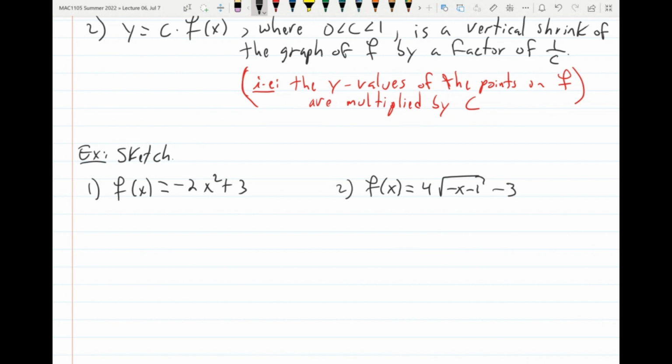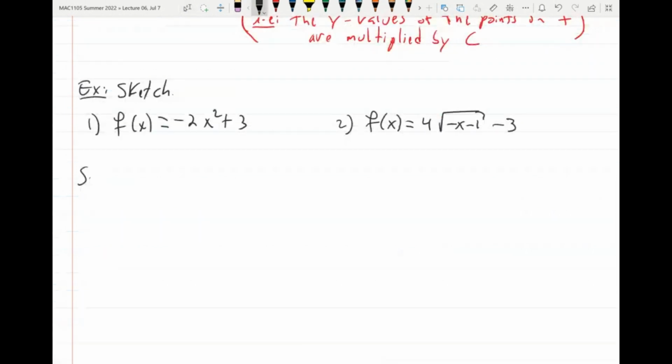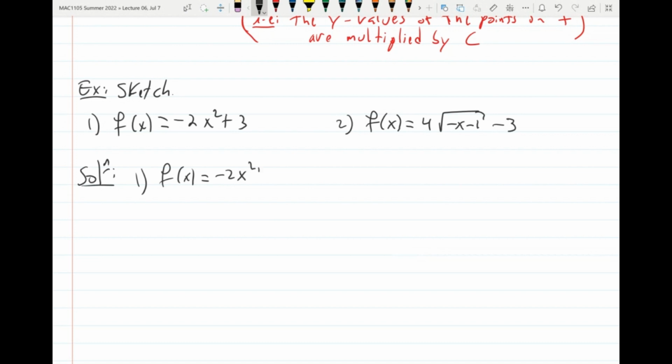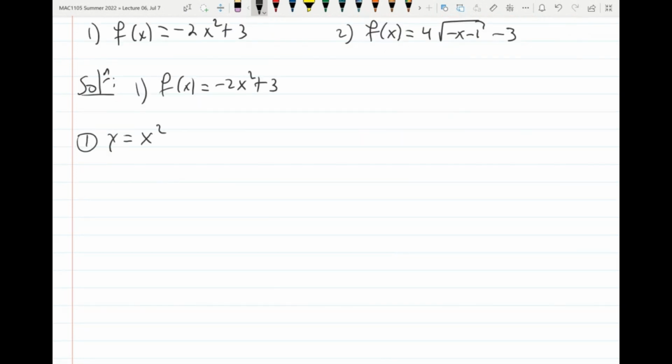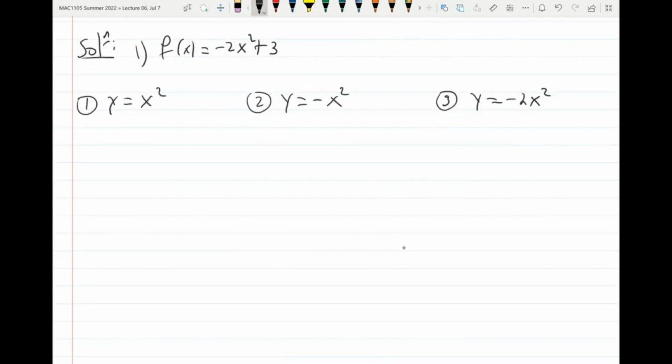Okay, let's do it. So solution, the first one, we have this, so we already have our plan. So we start with the basic function, then we're gonna flip it, then we're gonna stretch it, or you could do it the other way. You stretch it first and then you flip it, it's up to you. And then finally, we shift it up.